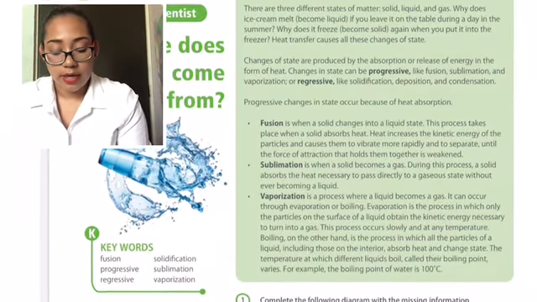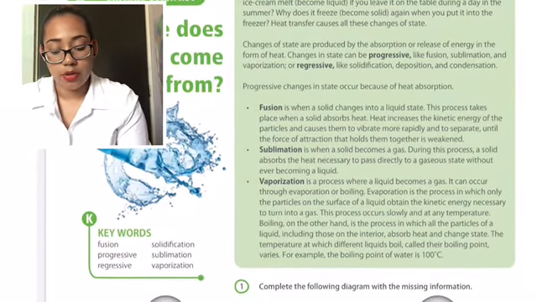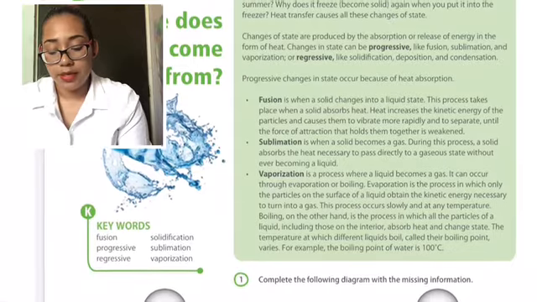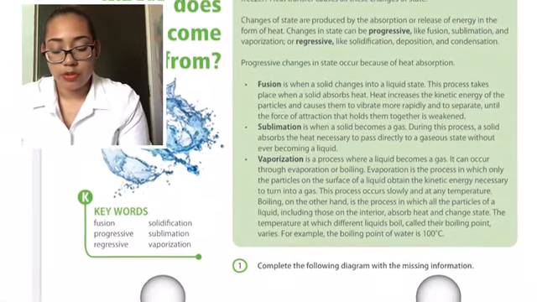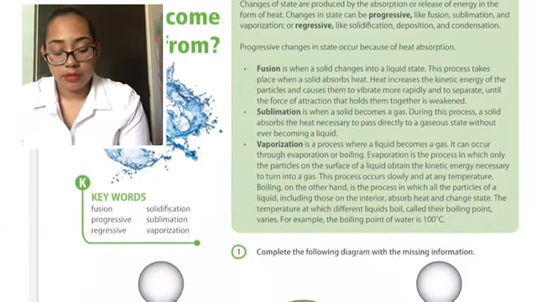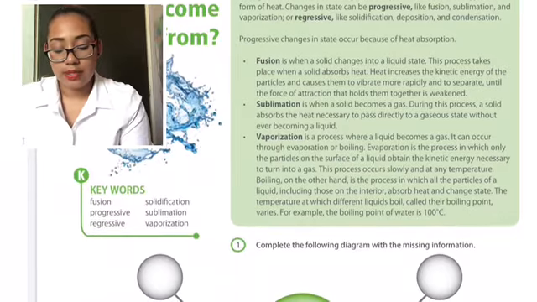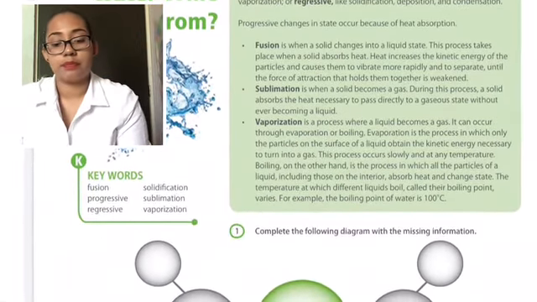Boiling, on the other hand, is the process in which all the particles of a liquid, including those in the interior, absorb heat and change state. The temperature at which different liquids boil, called their boiling point, varies. For example, the boiling point of water is 100 degrees Celsius.